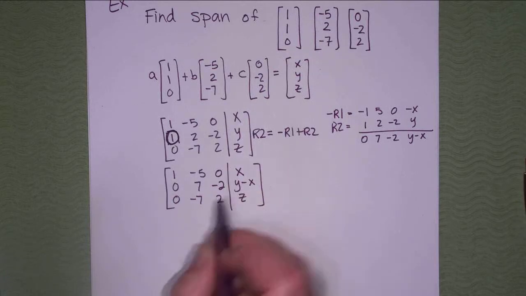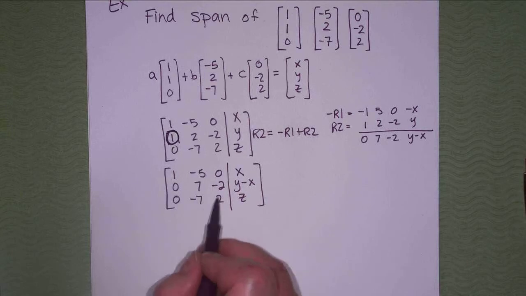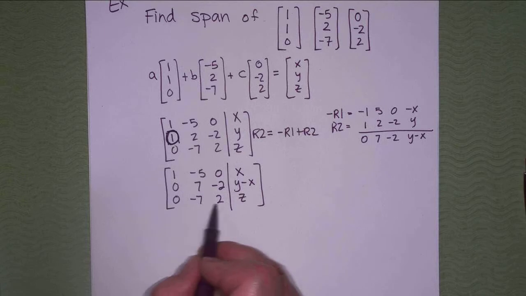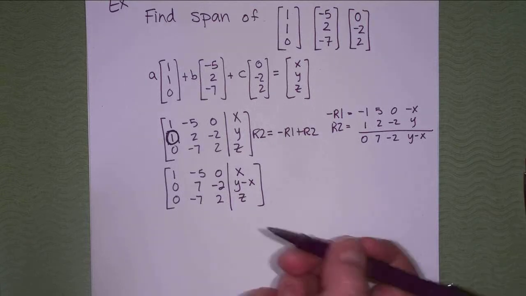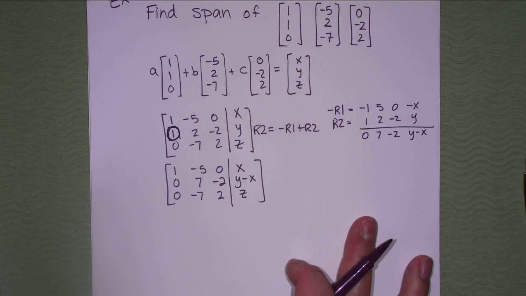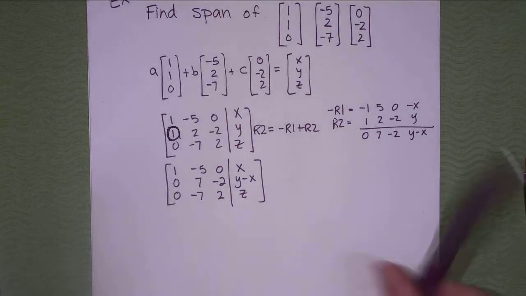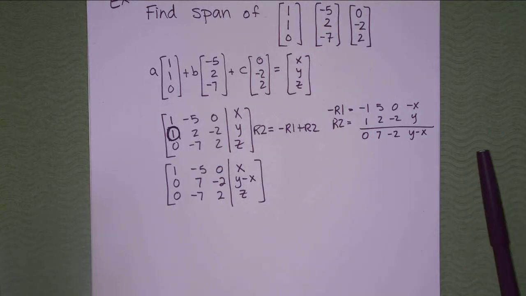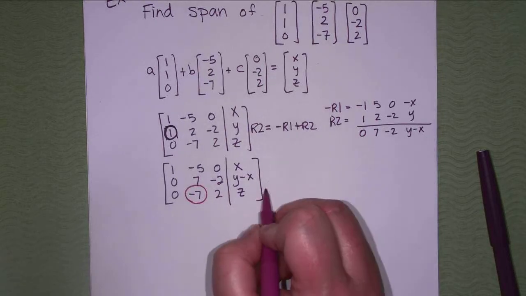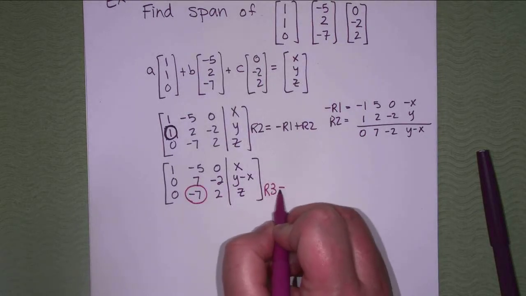So you should be able to see right now that row 2 and row 3 are similar on that side, so they will end up being a 0 there. Right, a row of zeros, right? So you just need to get to that. You can see that it's there now, but we just need to get to it. In fact, I don't really even need to make a 1 that's 7. I could, but I really don't need to, and it's easier not to, because if I just want this to be a 0, that's in row 3, it's a negative 7.